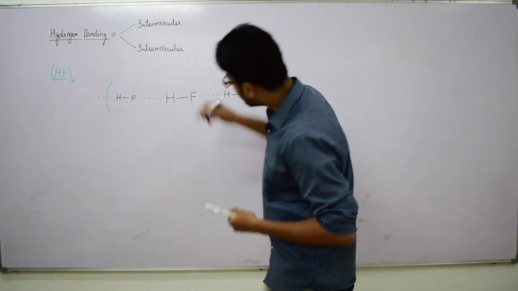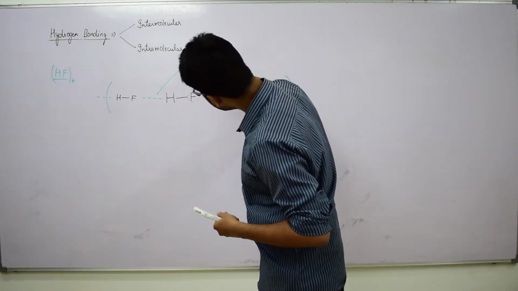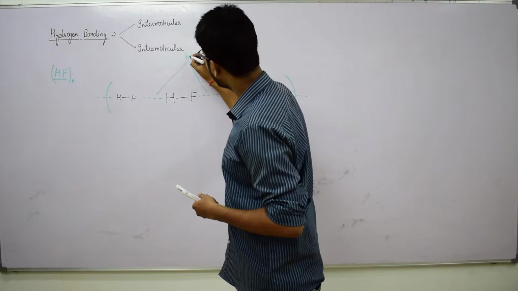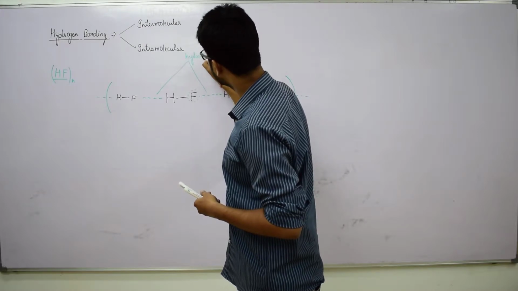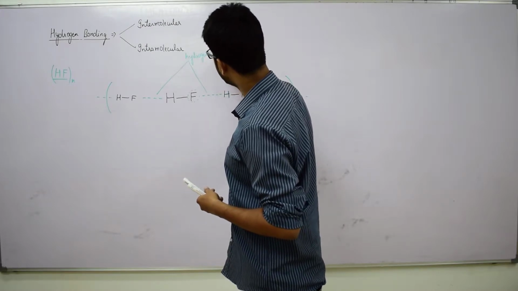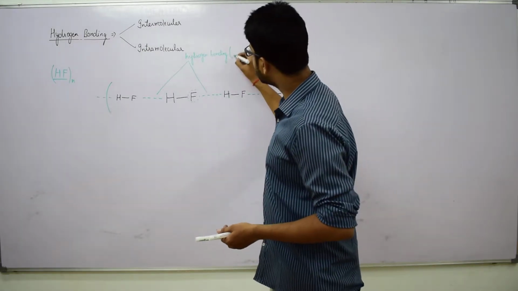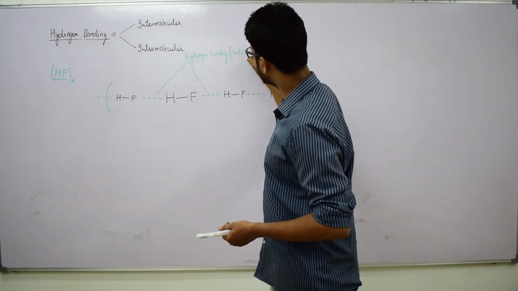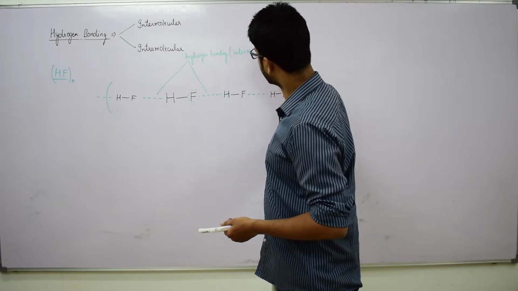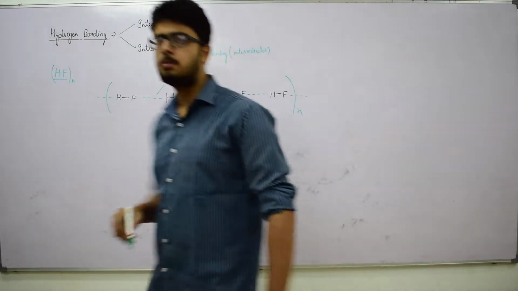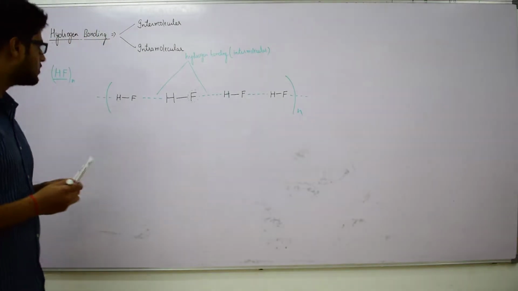So this, shown by the dotted line, is our hydrogen bonding, and to be more precise, this is an example of intermolecular hydrogen bonding.